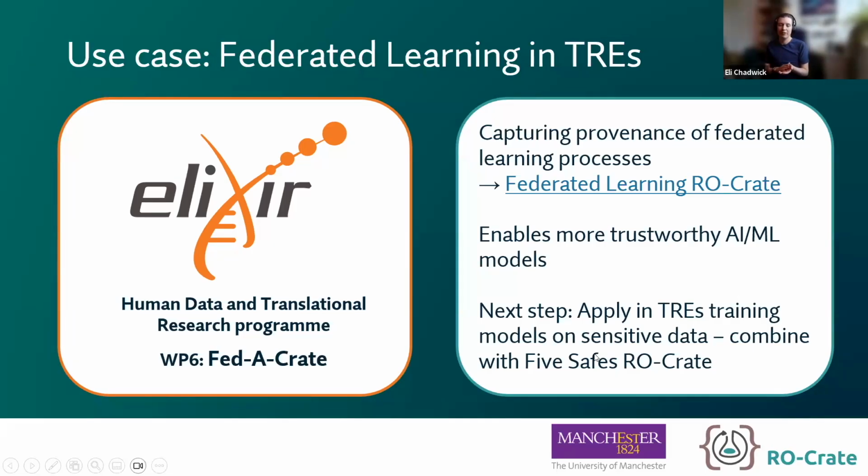And then our next step is to apply that to a trusted research environment context. So capture provenance of a training process that's being run on sensitive data in line with those 5 safes processes. So we're going to combine the federated learning profile with the 5 safes RO-Crate profile to get this really rich and complex metadata that hopefully captures everything that we need to capture.